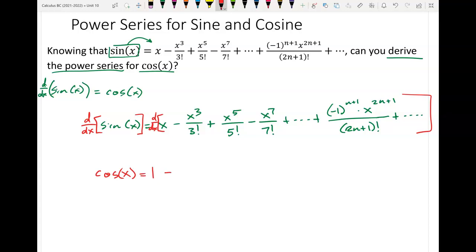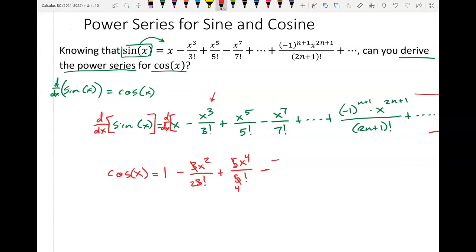Minus, what's the derivative of this term? Remember, we're only doing it in terms of x, so that's going to be 3x squared over 3 factorial. And there's a 3 that's going to cancel out right there, leaving me with 2 factorial. Plus 5x to the 4th over 5 factorial. Again, 5 will cancel, leaving me with 4 factorial. Minus 7x to the 6th over 7 factorial, leaves me with 6 factorial.